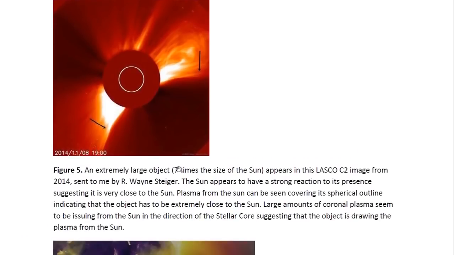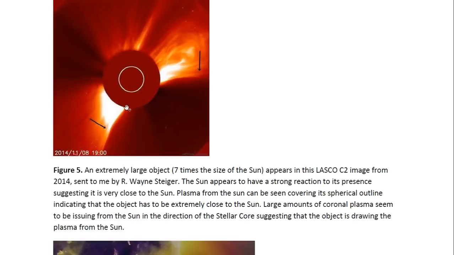And here's an even larger one. This one was about 7 times the size of the Sun, and it appeared in this LASCO C2 image from 2014. It was sent to me by Owen Steiger, and we can see that the Sun seems to be having a strong reaction to the presence of the object, and it is as if there is all this coronal plasma issuing from the Sun and moving towards the object.